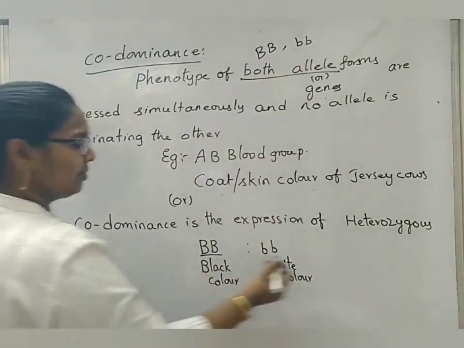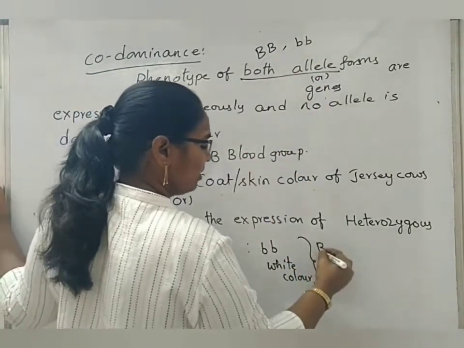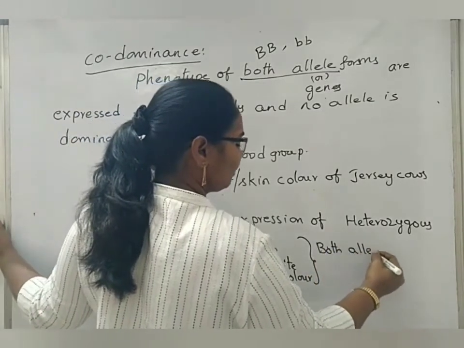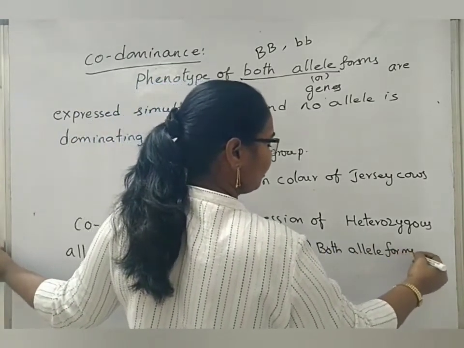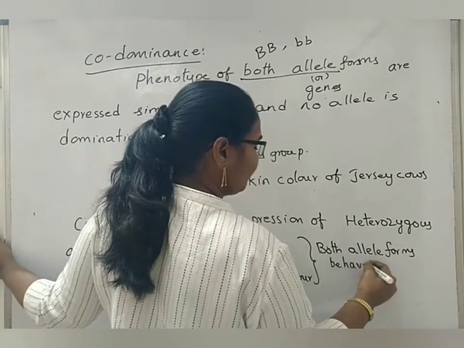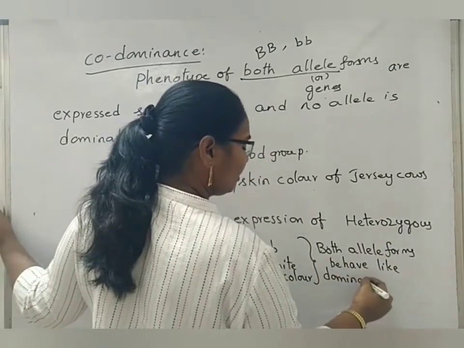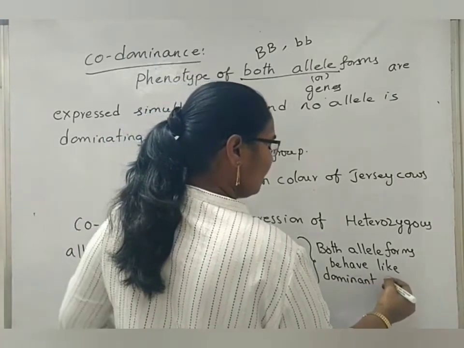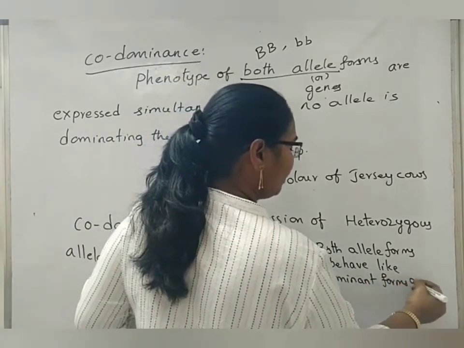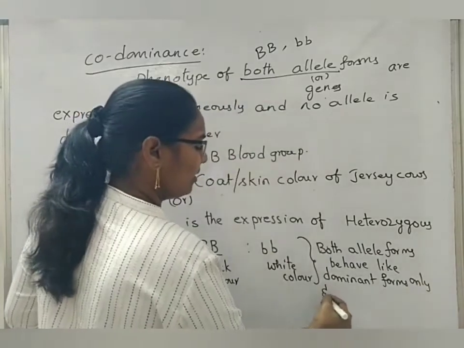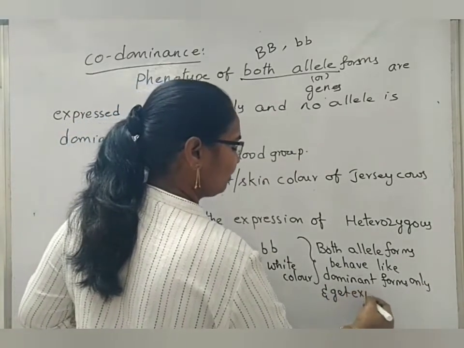So we can also write that both allele forms behave like dominant forms only and get expressed.